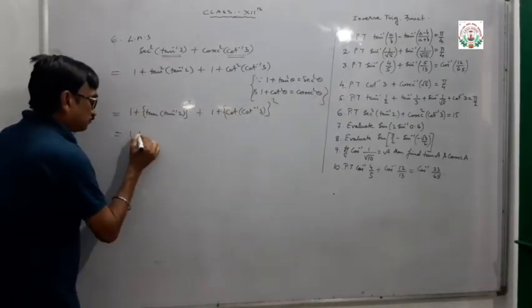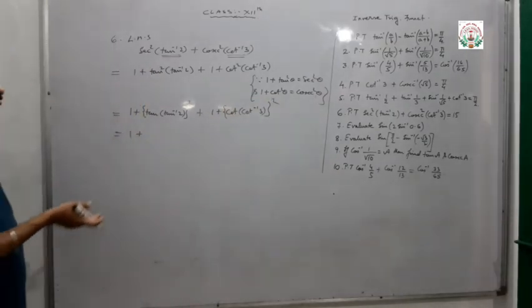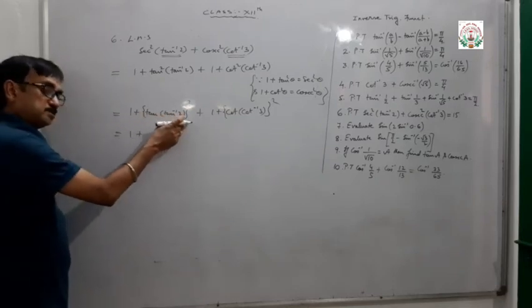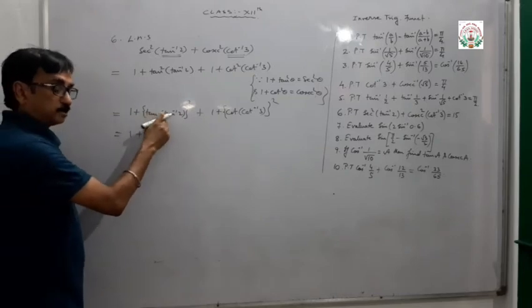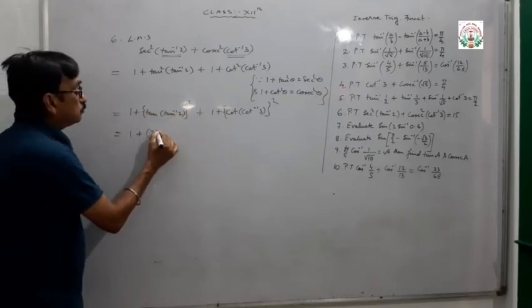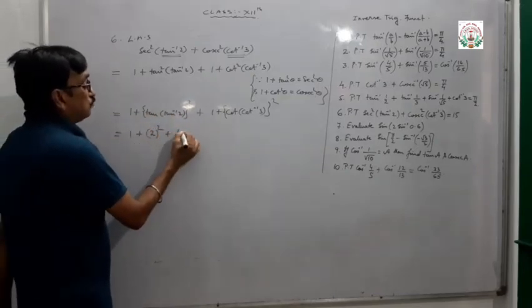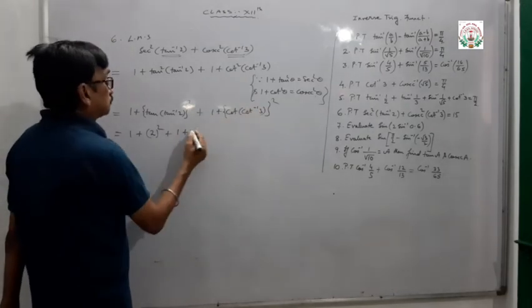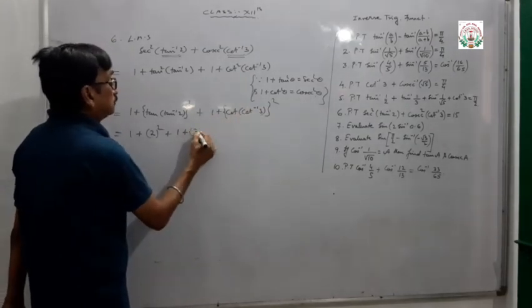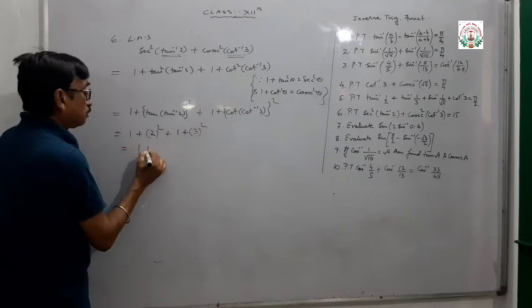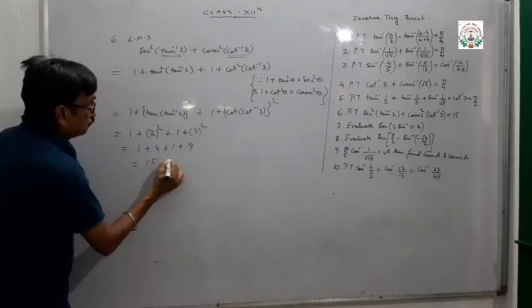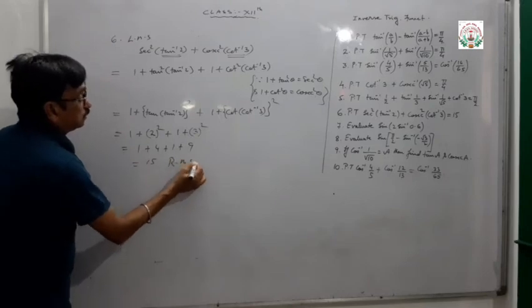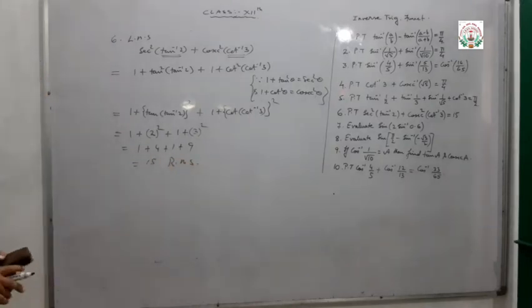By using the self-adjusting property, as we know that tan inverse of x is equal to x, but in place of x here it is 2. So tan inverse of 2 will become 2, the whole square, plus 1 plus cot inverse of 3 by the self-adjusting property, 3 square. 1 plus 4 plus 1 plus 9 is equal to 15. That is our RHS of the 6th question.